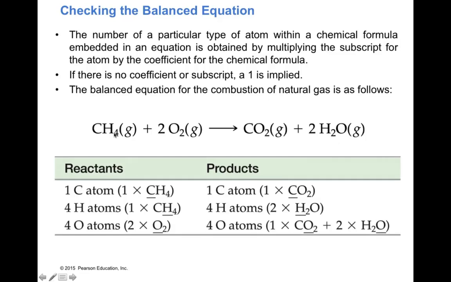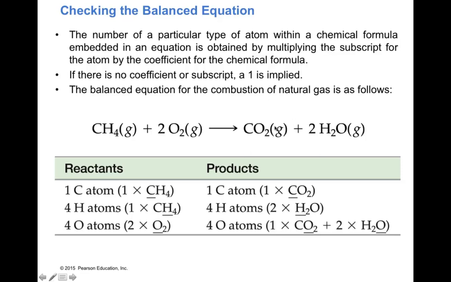So we have one atom of carbon here, 1 times CH4, because the only source of carbon in the reactants is CH4. Also, for hydrogens, we have 4 atoms because we have just one CH4. And we have 4 atoms of oxygen because we have 2 molecules of O2.